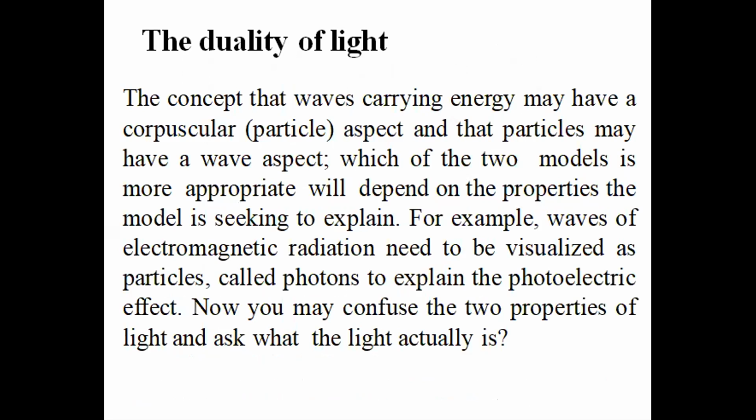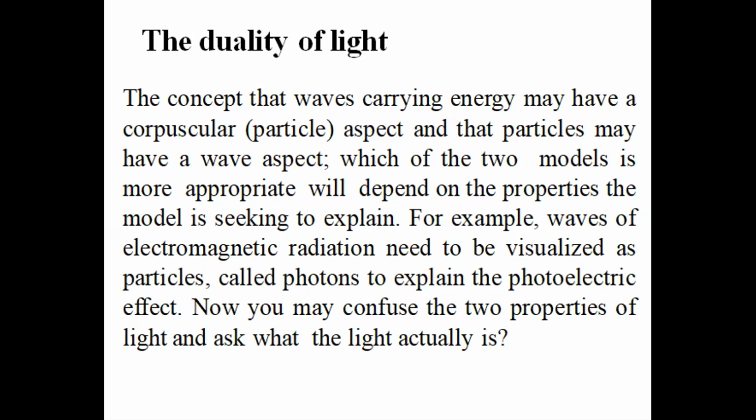The duality of light is the concept that waves carrying energy may have a corpuscular aspect and that particles may have a wave aspect. Which of the two models is more appropriate will depend on the properties the model is seeking to explain. For example, waves of electromagnetic radiation need to be visualized as particles called photons to explain the photoelectric effect.